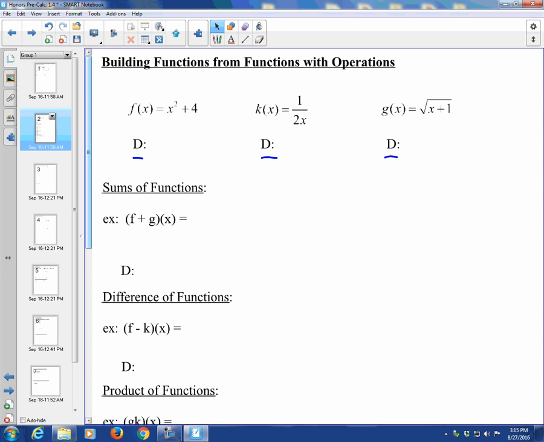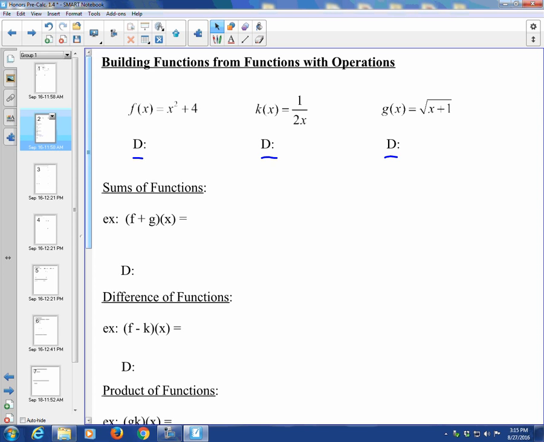So we're going to determine any restrictions that come from the two functions individually, and then think about any restrictions that could come about from combining the two functions with the given operation. A lot of that's going to be intuitive. It sounds more complicated than it is. You'll see with the first couple of examples that when you look at the function itself, the domain is going to be pretty self-evident.